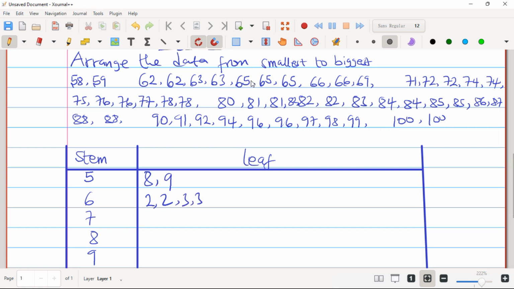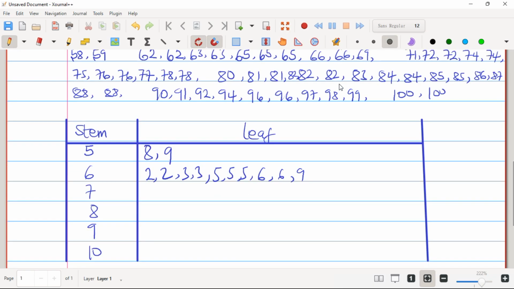We have 5, 5, 5, right? That is 65. So here will be 5, 5, 5. And then we have 66, 66. That's 2 6s, right? So I'm going to write 6, 6. And then we have our last 9, right? That's 69. So this will be our leaf for the 60s.